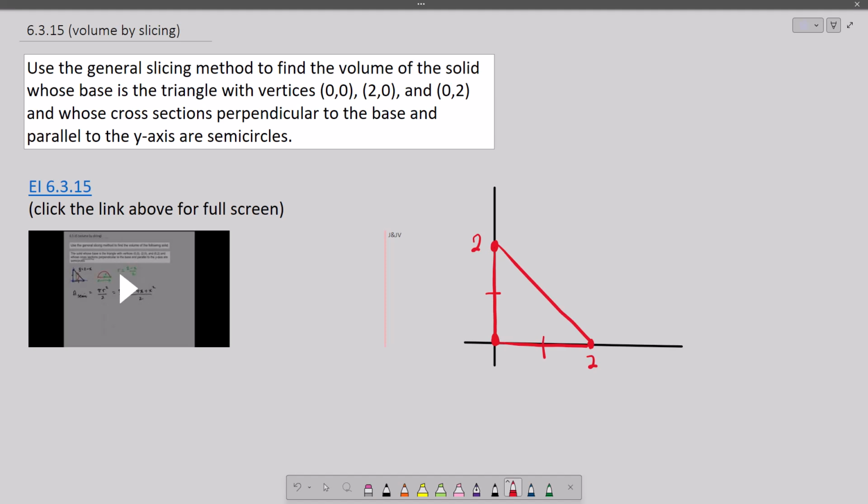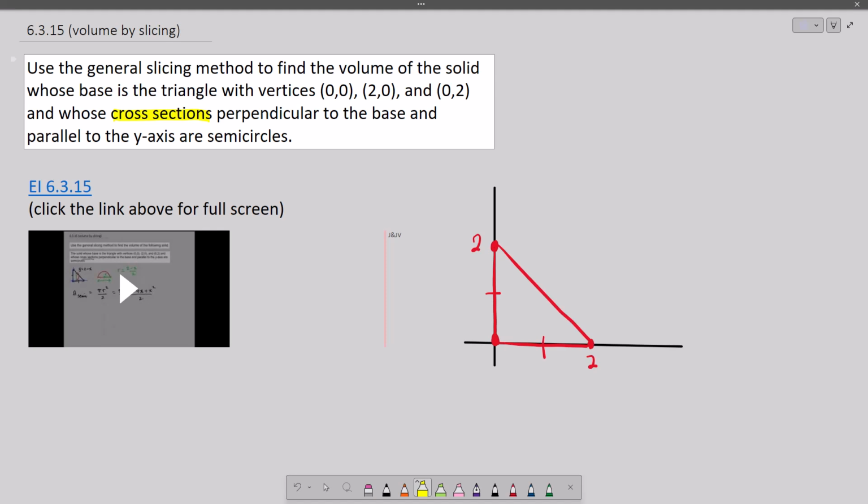Okay, and a couple of you made this mistake on the worksheet. We've got to be very careful with how they describe the cross sections. So the cross sections here, perpendicular to the base, is meaningless in terms of what we are going to do. It just means they're coming out of the board right at you, perpendicular to the base.